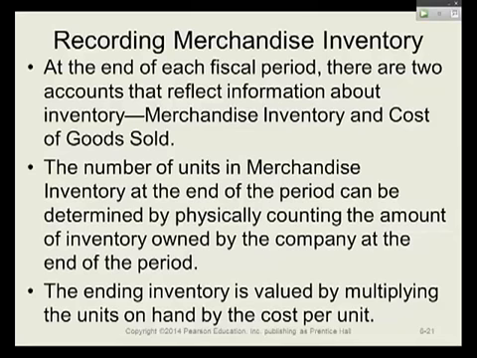If you have a beginning inventory and then a series of purchases, that becomes the goods available. Those are either in ending inventory or those are sold. COGS is the cost of goods sold.